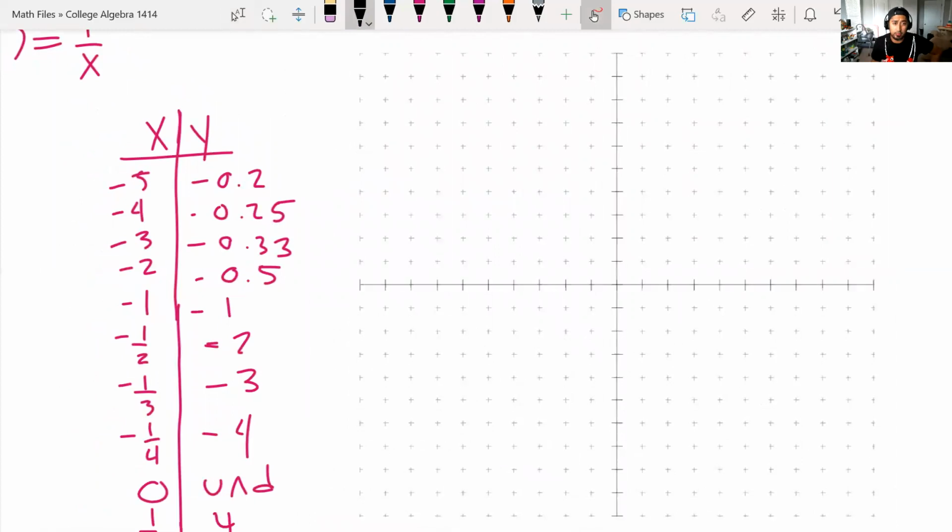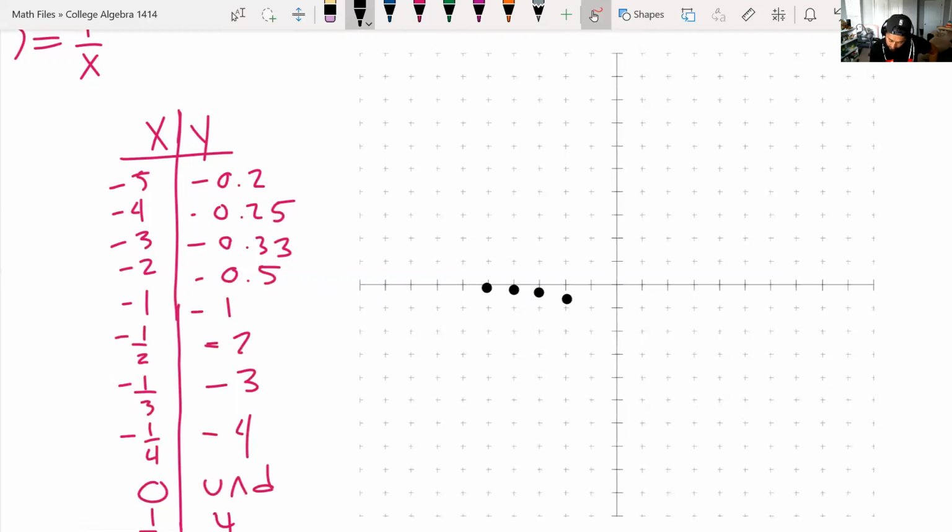Okay, so at -5, I'm at -0.2. So 1, 2, 3, 4, 5. I'm basically almost touching the x-axis. So somewhere around there. And then at -4, not much higher or lower. And then at -3, same thing, getting there. -2 in the middle.